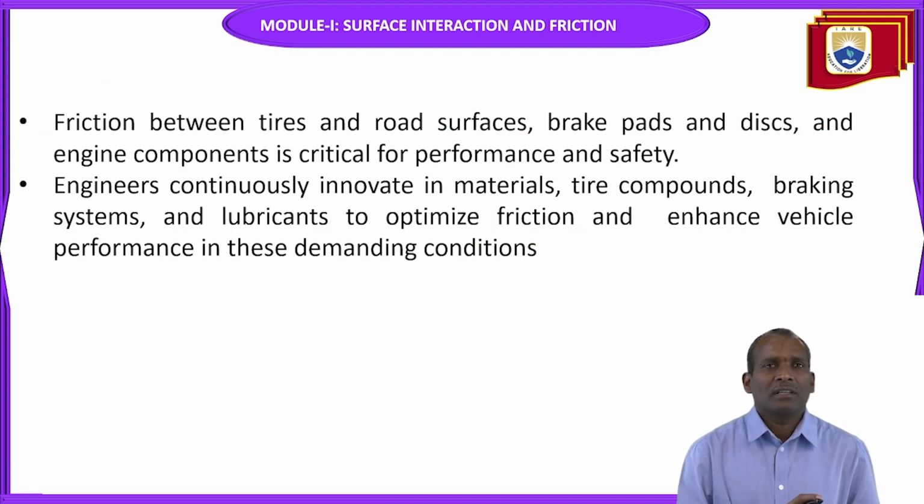Friction between tires and road surfaces, brake pads, discs, and engine components is critical for performance and safety. Engineers continuously innovate in materials, tire components, braking systems, and lubricants to optimize friction and enhance vehicle performance in these demanding conditions.